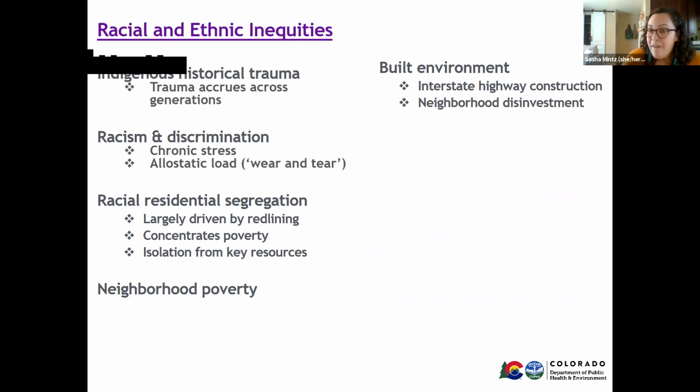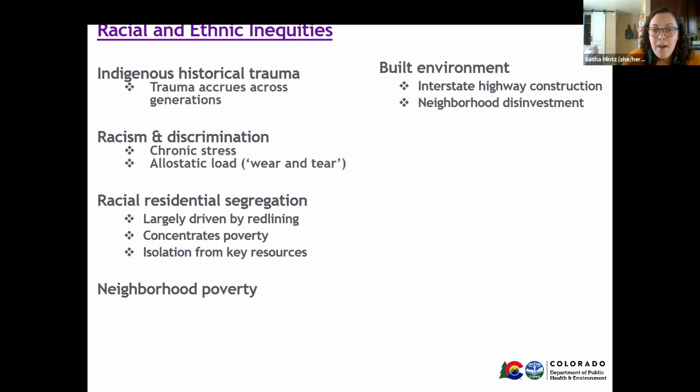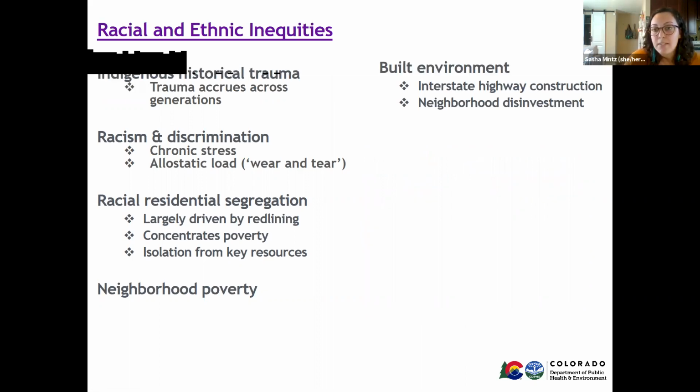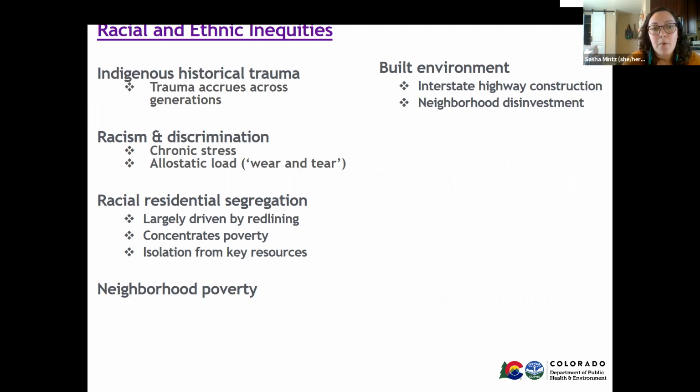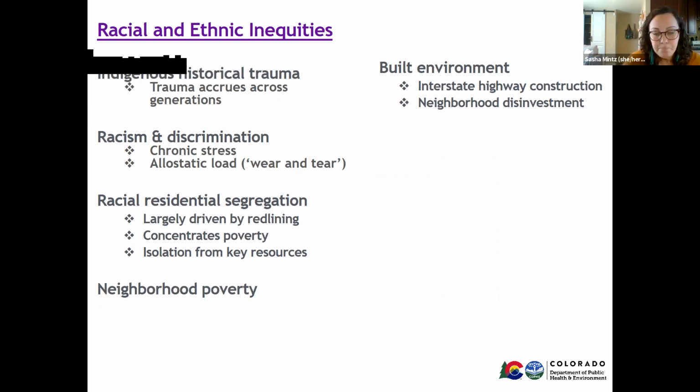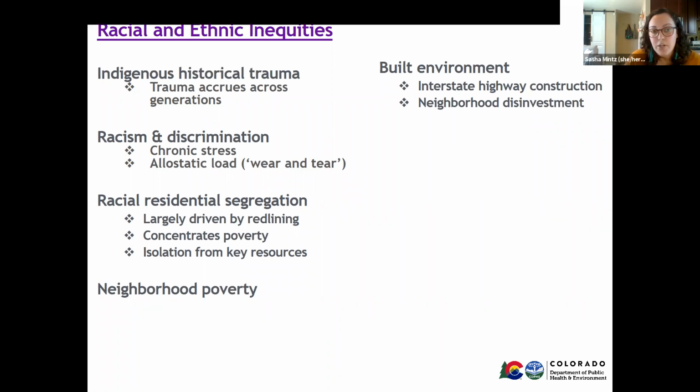Physical and built environment factors also contribute to disparities in child deaths. For example, the Federal Aid Highway Act of 1956 allocated billions of dollars to interstate highway construction, which delivered the safest and most modern way to travel at the time. Unfortunately, the government chose to build these highways through or near urban communities that were racially and ethnically segregated, resulting in even further disinvestment in neighborhood infrastructure.